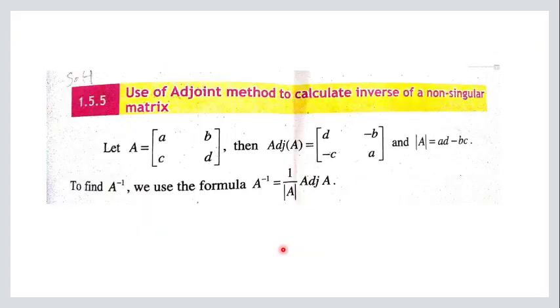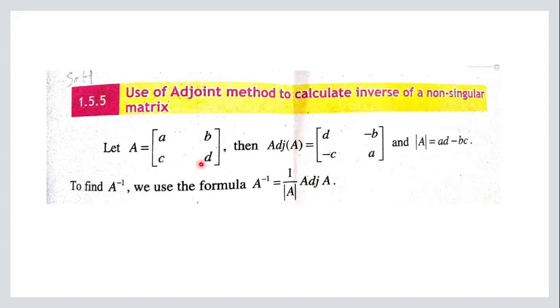Now before going to the next question, there is this new concept, which is using the adjoint method to calculate the inverse of a non-singular matrix. Now we will be using adjoint to find the inverse of a non-singular matrix. There is this formula, you need to memorize it. We have a matrix A equal to a, b, c, d.